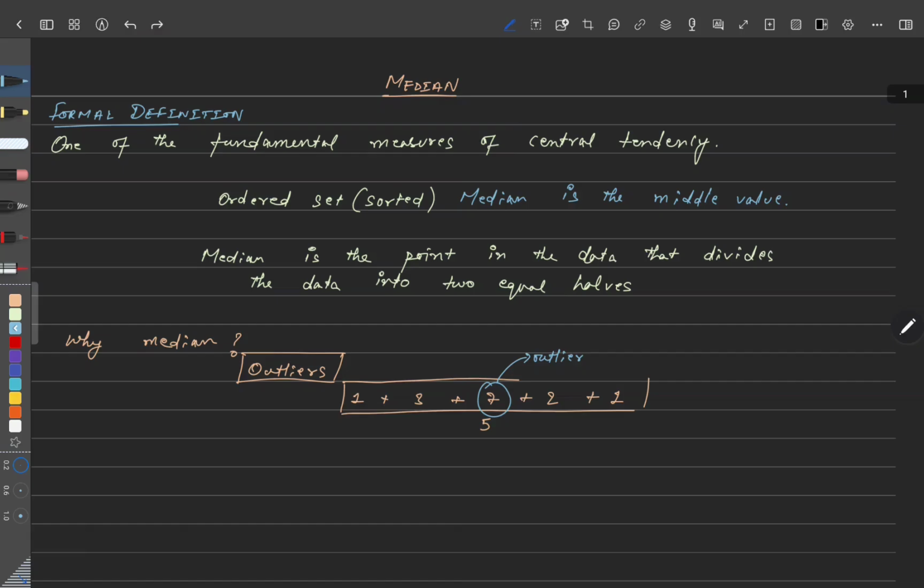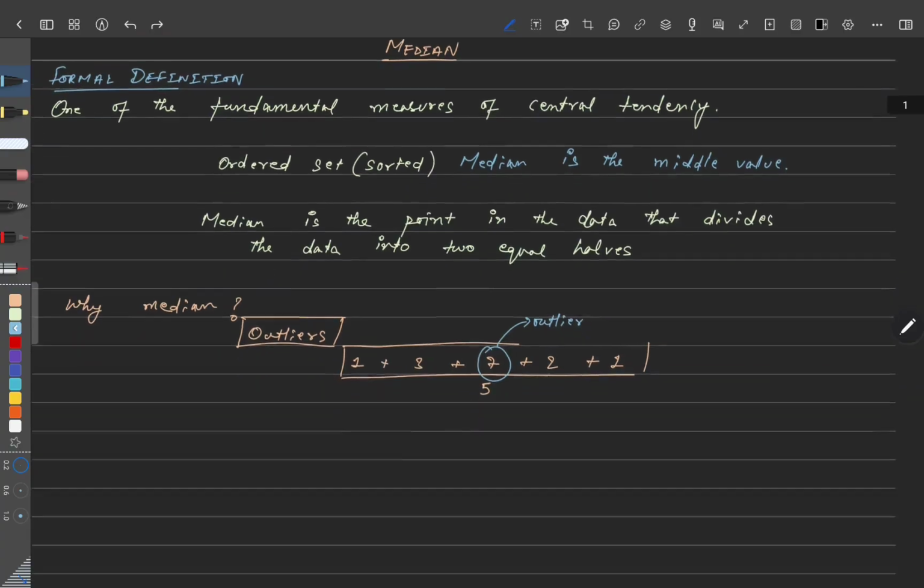We did study that outliers don't really reflect the typical value, so we can use median to avoid them. It gives us that middle ground. Now I will demonstrate how the median doesn't get affected by the outliers, but before that let's see the mathematical formula first.